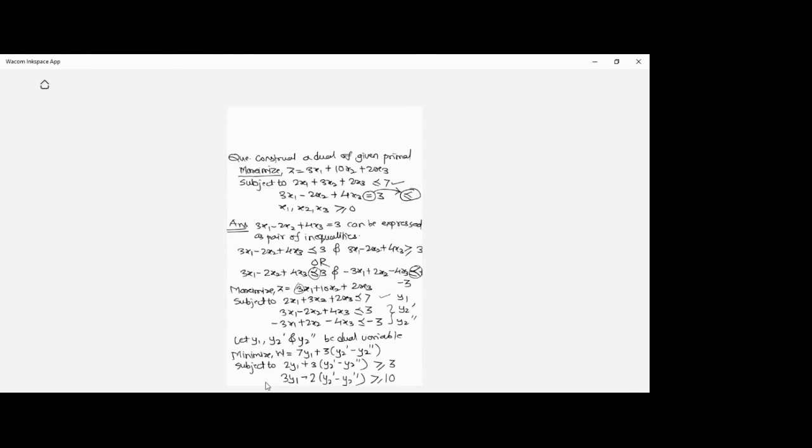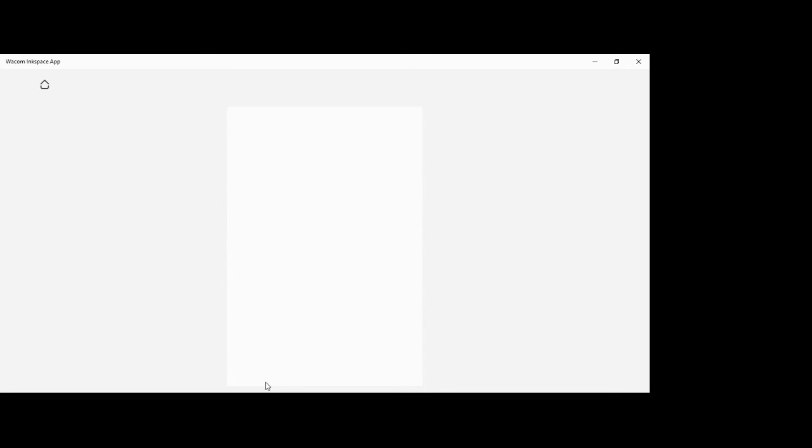Lastly, what we have is, okay, it is not visible properly, so I'll be using the next page. I'll also write the previous work so that there won't be any confusion and you will understand it properly. So we had maximize z equal to thrice of x1 plus 10x2 plus twice of x3.